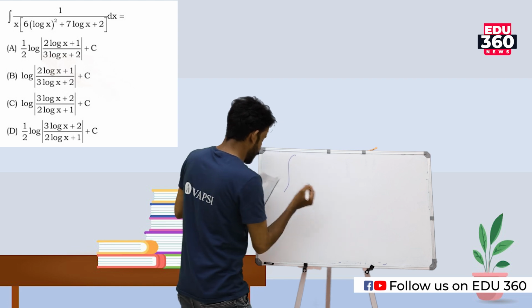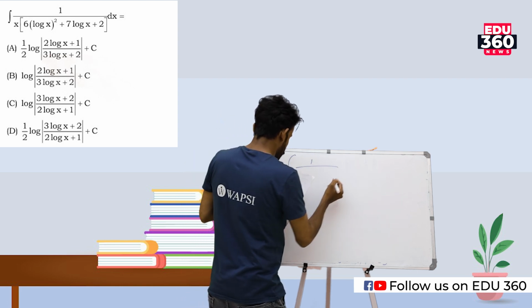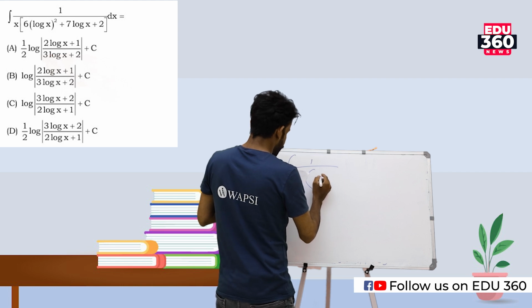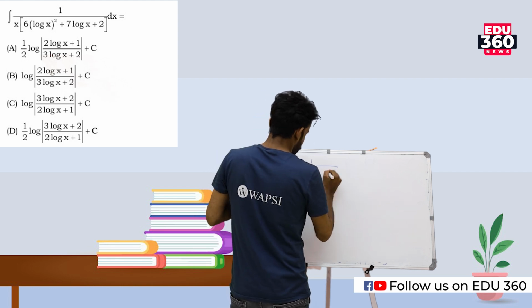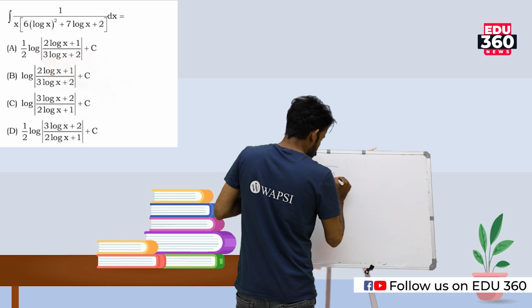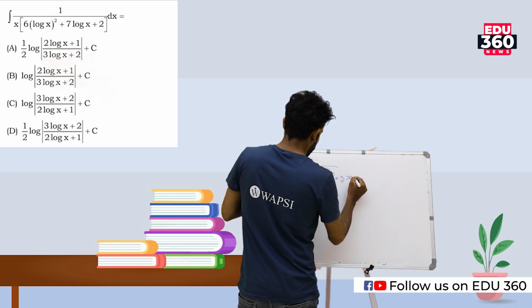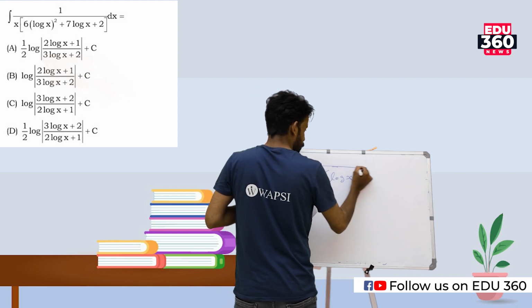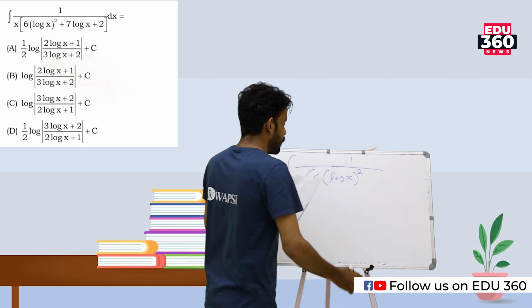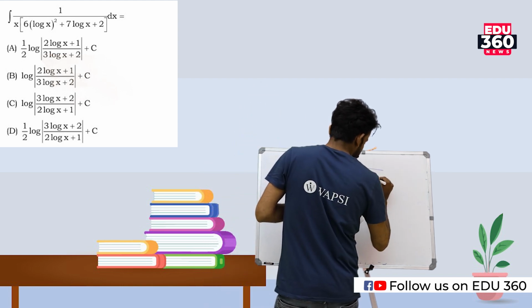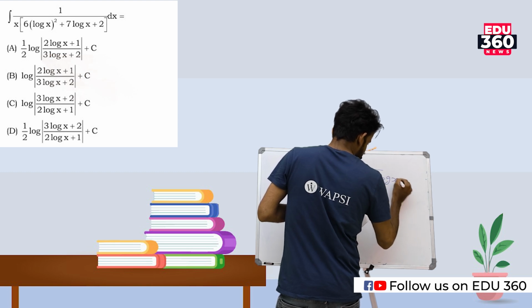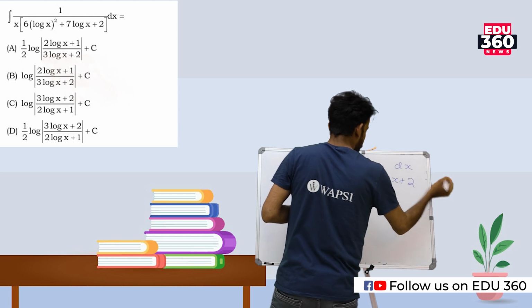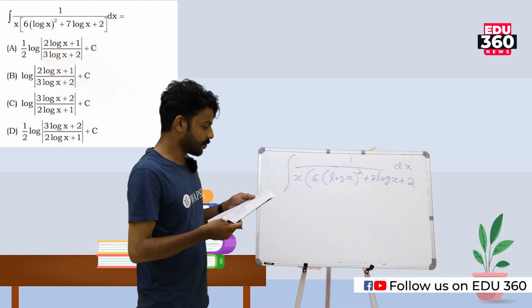So integral 1 divided by x into (6 (log x) square plus 7 log x plus 2) dx.